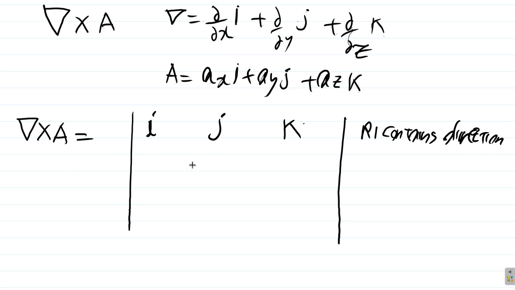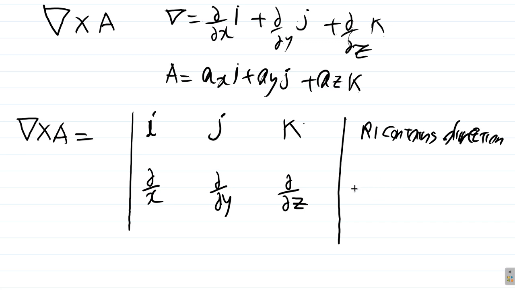Now, row 2 will contain the coefficients of i, j, and k that are on the left. So it will have what is in the x direction here, what is in the y direction here, and what is in the z direction here.